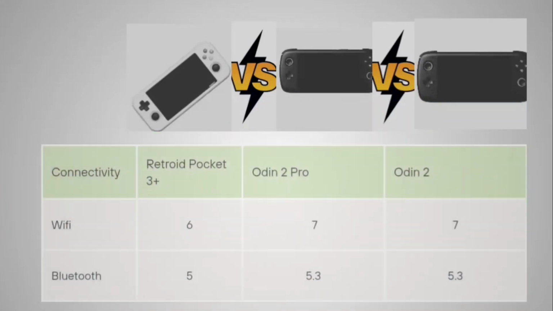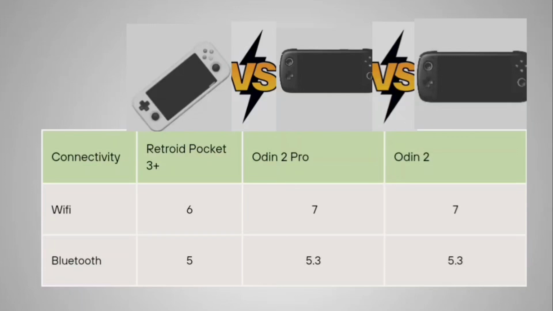Now coming to the connectivity factors. For Wi-Fi, the Retroid Pocket 3 Plus has version 6, and the Odin 2 Pro and Odin 2 both have version 7. For Bluetooth, the Retroid Pocket 3 Plus has version 5, and the Odin 2 Pro and Odin 2 both have version 5.3.